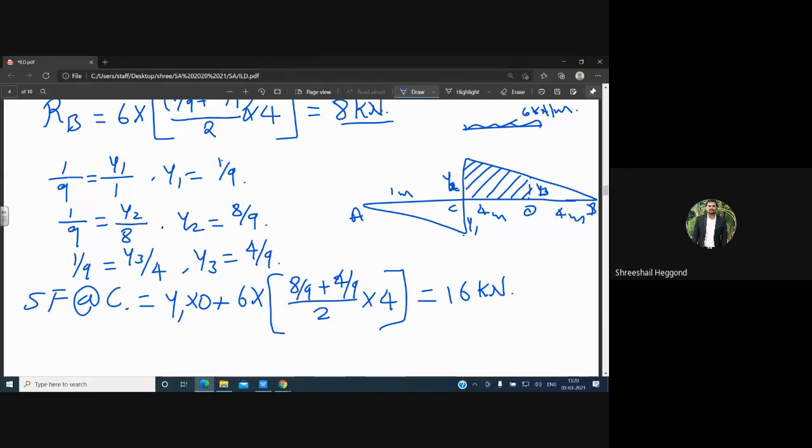Once shear force is done, you can calculate the bending moment. Draw the bending moment diagram. Bending moment is asked for D point.